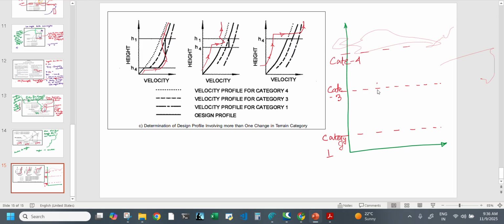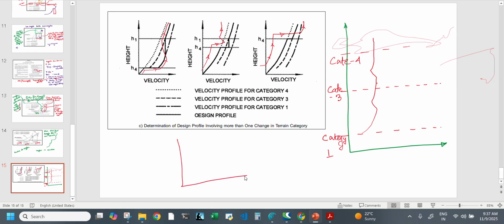So whenever there is lower roughness to the higher roughness, this would be like this.